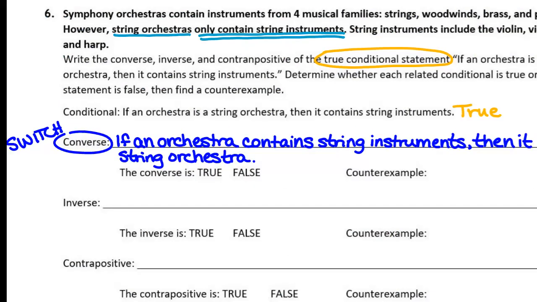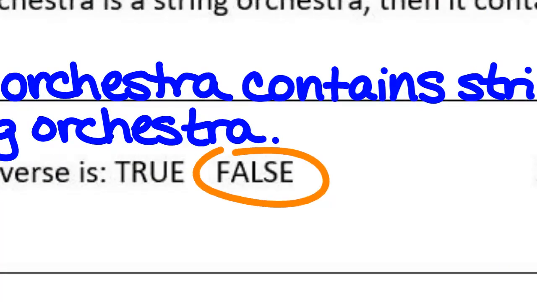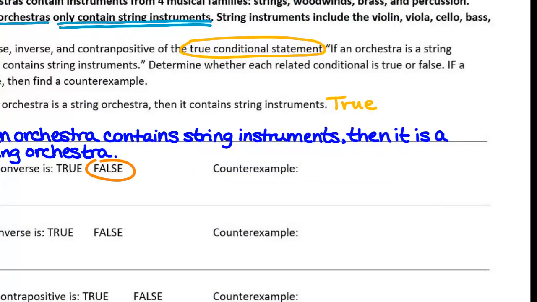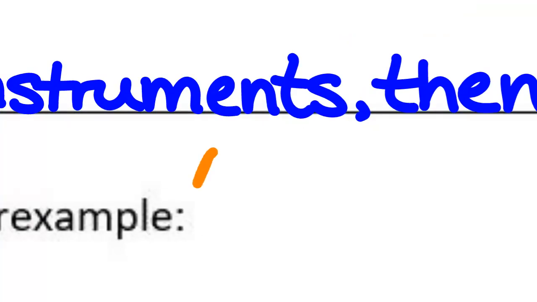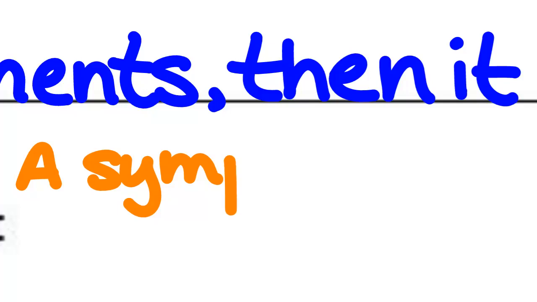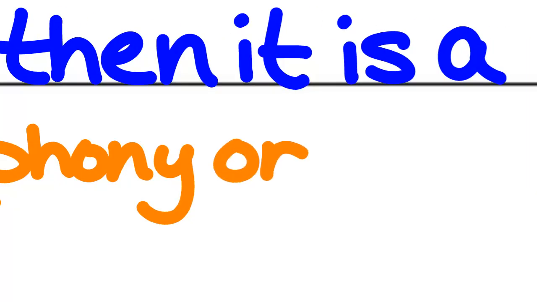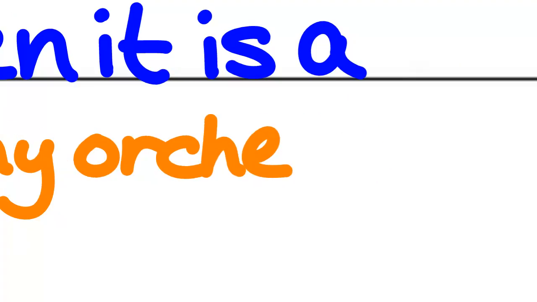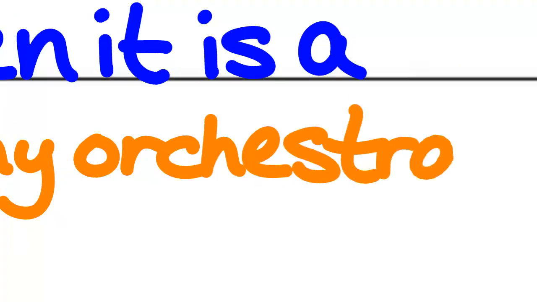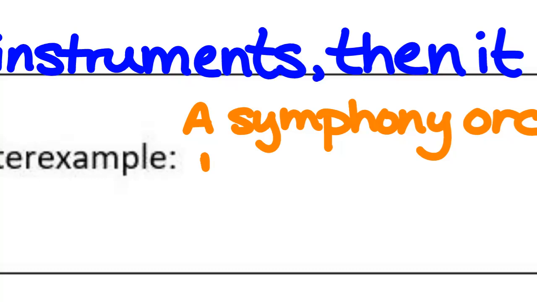If an orchestra contains string instruments, does it have to be a string orchestra? No. What other kind of thing could it be? It could be a symphony orchestra. A symphony orchestra, for my counterexample, contains string instruments.